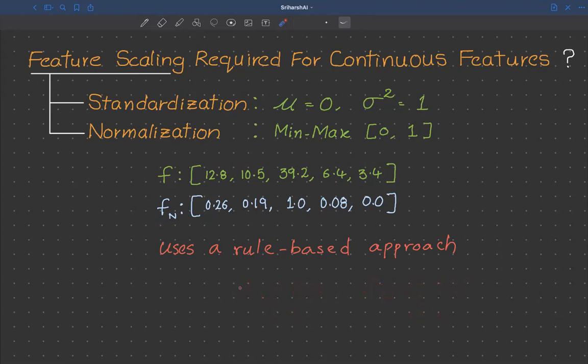Only the conditions are changing. To be specific, only the values are changing. Instead of writing f less than or equal to 3.4, here we are just writing fn less than or equal to 0.0. So only the values are varying, but the impurities won't vary, right?